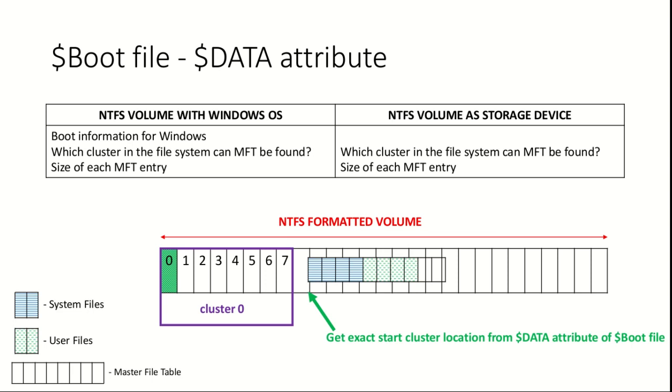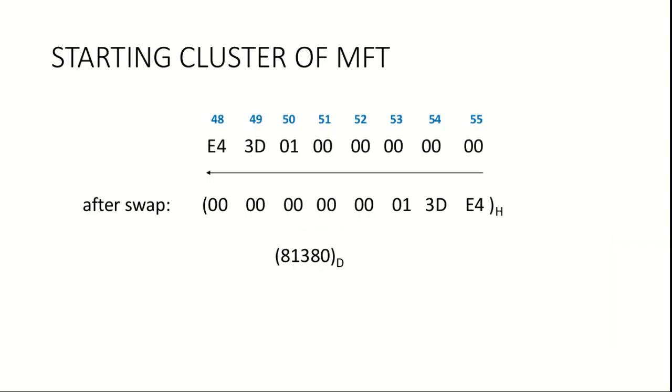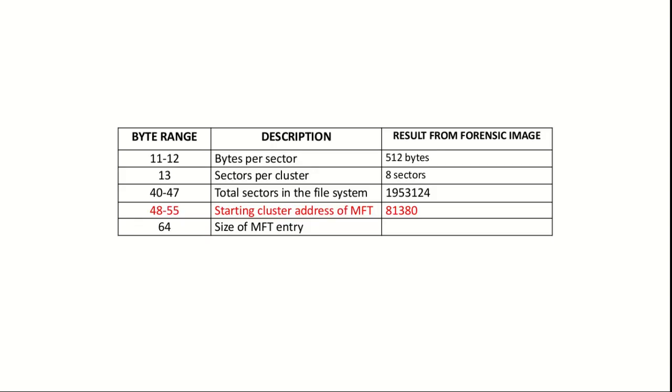We saw earlier that the master file table does not start from sector 0 but starts at a location that is specified in sector 0. We just processed that location, bytes 48 to 55 in sector 0, and got the starting cluster address of MFT as 81380. Let us update this information in our table.